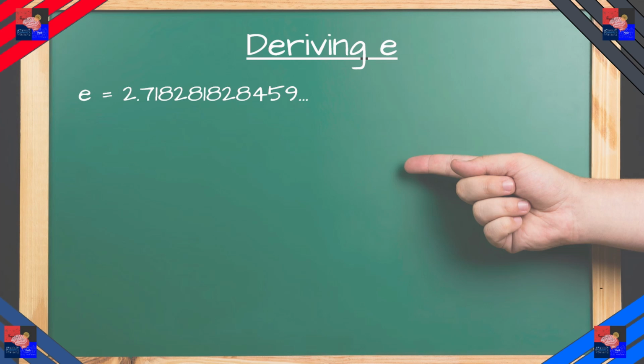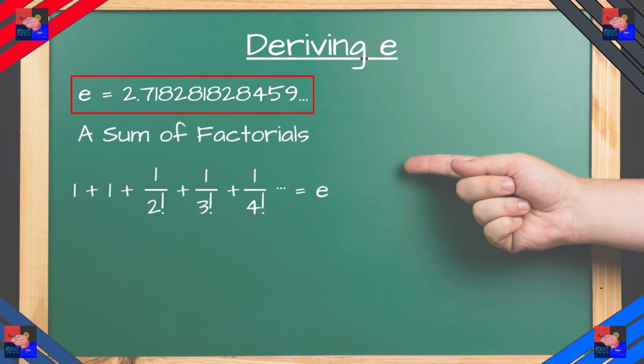But how did we get here? This is Euler's number. Did Euler just sit around one day, make a bunch of random digits and make a number out of it? No. E is actually a sum. It's a sum of 1 plus 1 plus 1 over 2 factorial plus 1 over 3 factorial plus 1 over 4 factorial, going on and on forever.